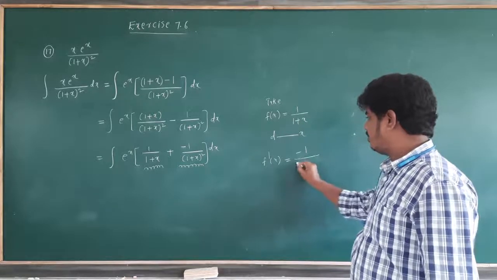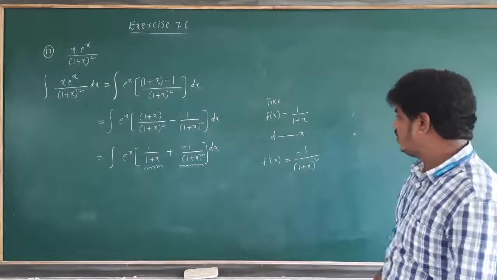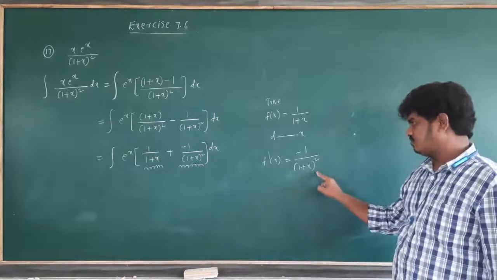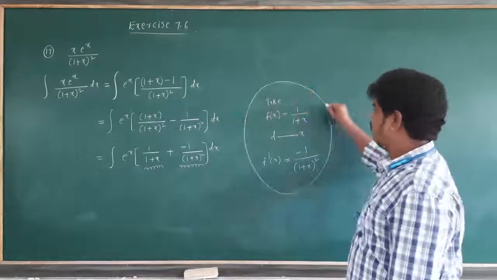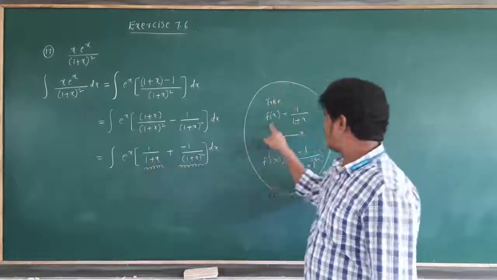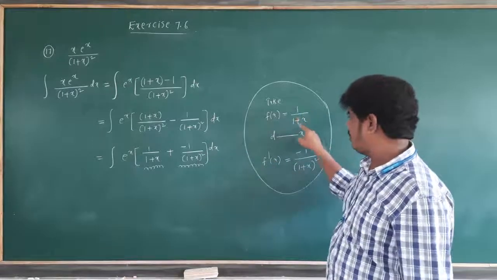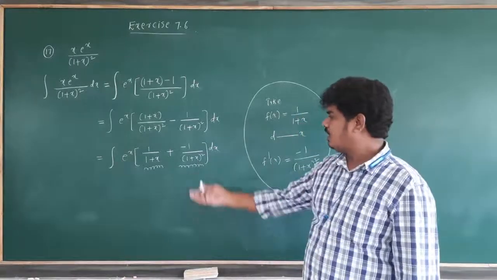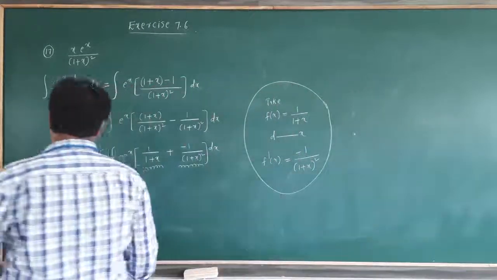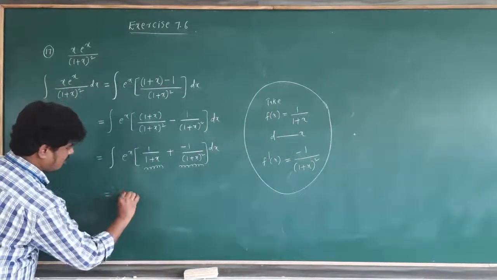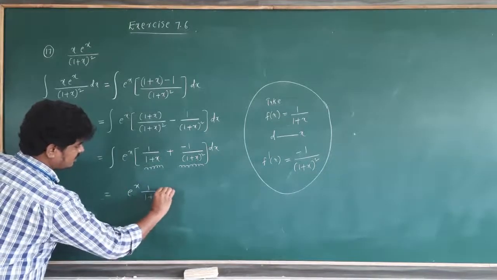Minus 1 divided by 1 plus x whole square into derivative of 1 plus x. What comes? 1. So no need to write that one. Now see, we took the first one as f of x, that is f of x equal to 1 by 1 plus x. Automatically, the second one became f dash of x. So, what we get is e power x into 1 divided by 1 plus x plus c.